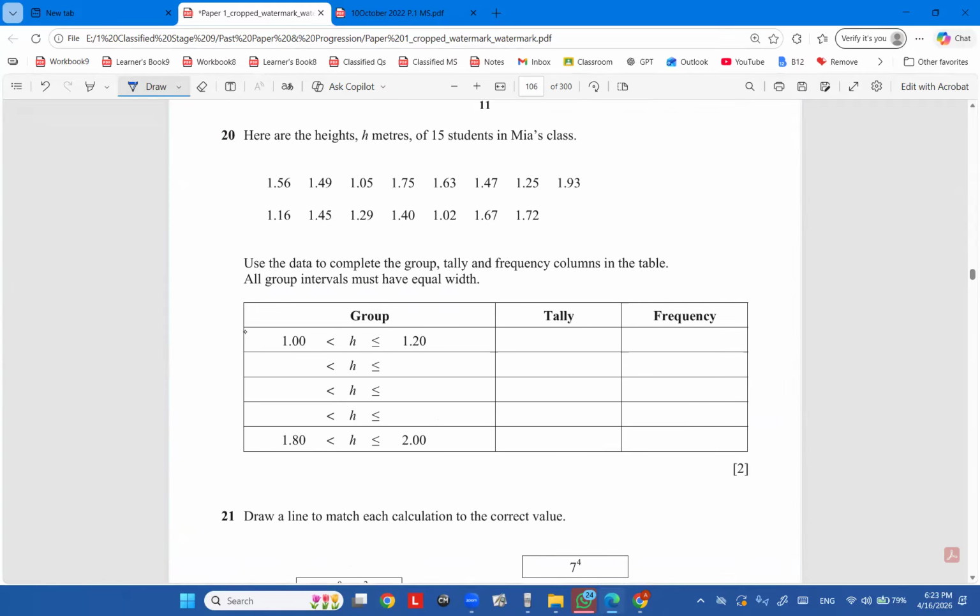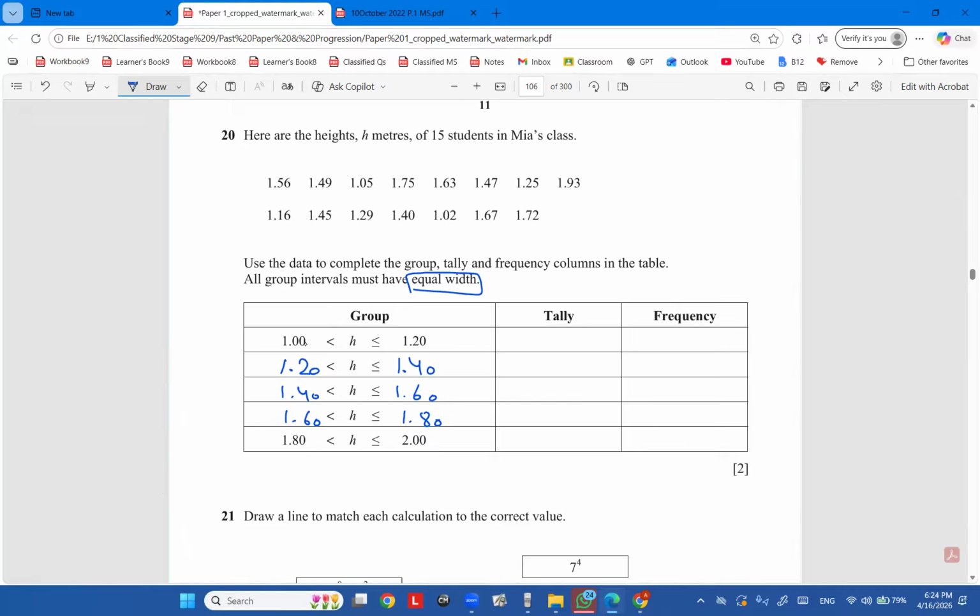This here, we need to look at the class interval. All right, they told you that all group intervals must have equal width. So from 1 to 1.20, and from 1.20 to 1.40, 1.40 to 1.60, 1.60 to 1.80.